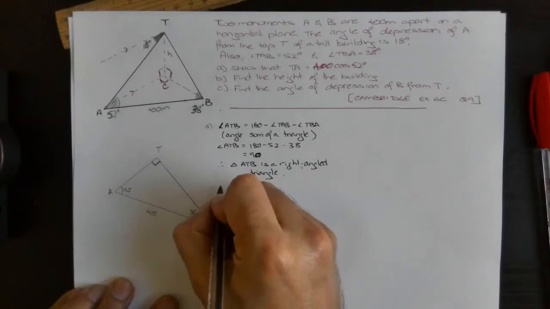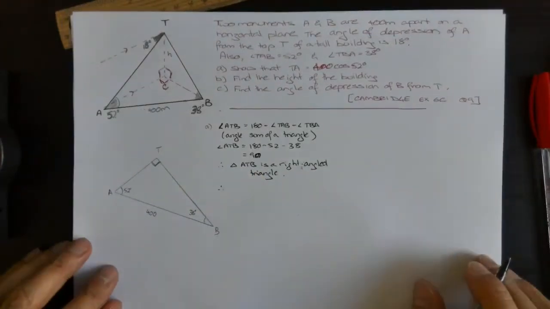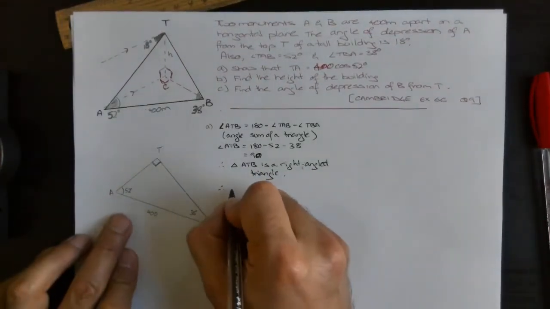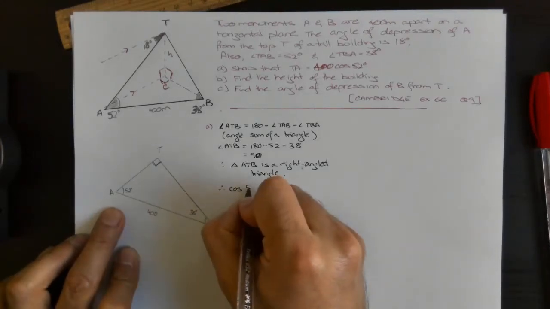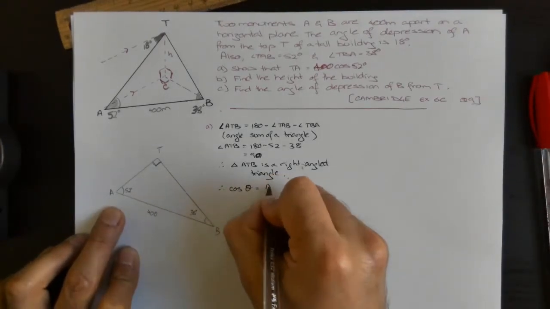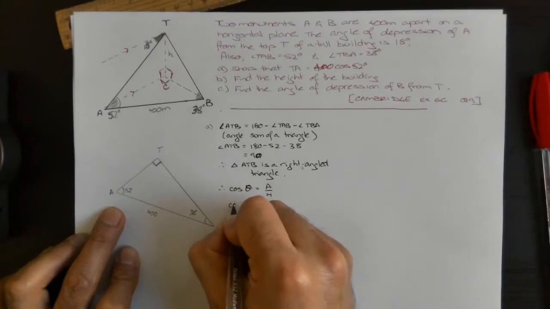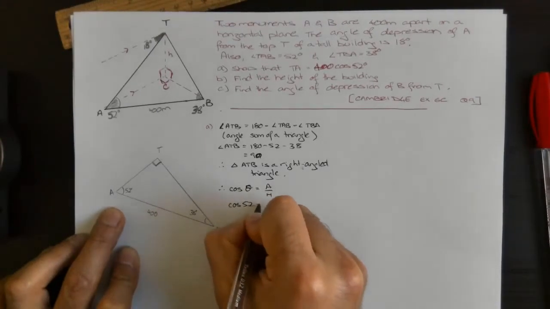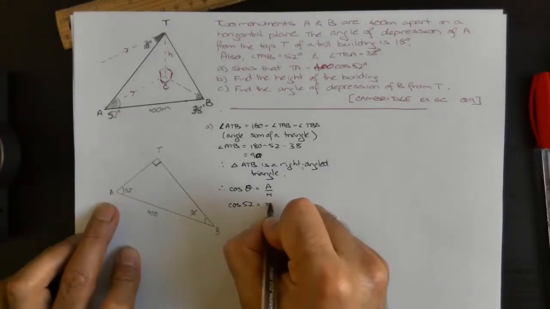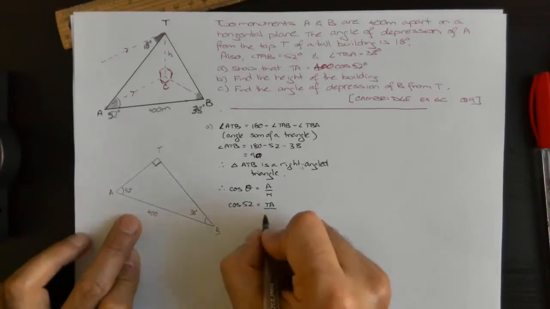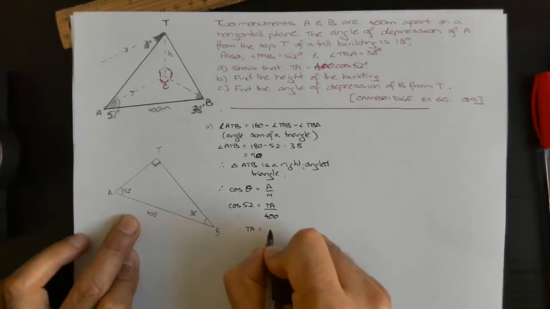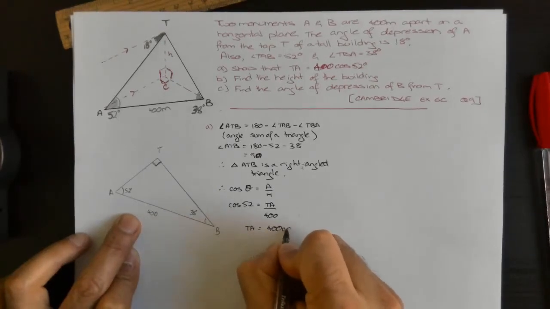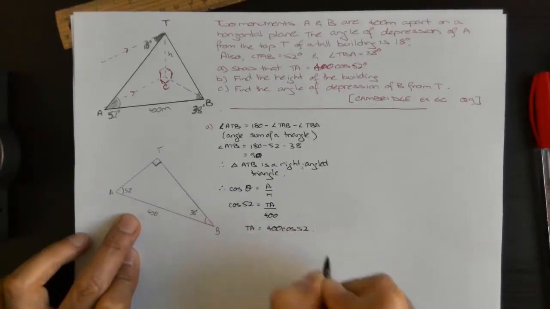Okay, so therefore cos theta is adjacent over hypotenuse. So cos 52 is adjacent, which is my TA, over my hypotenuse, which is 400. Multiply both sides by 400, so TA equals 400 cos 52.